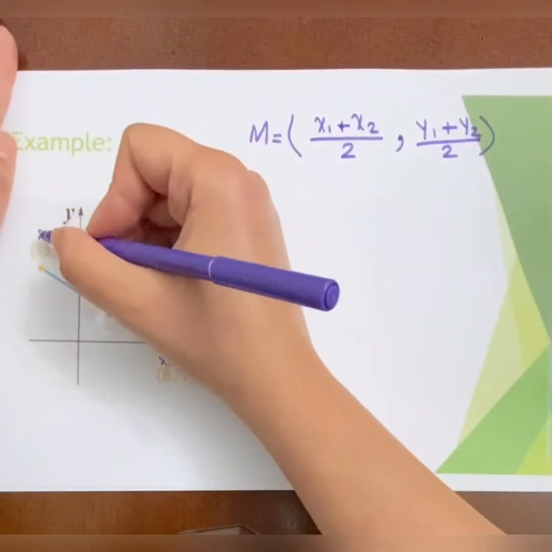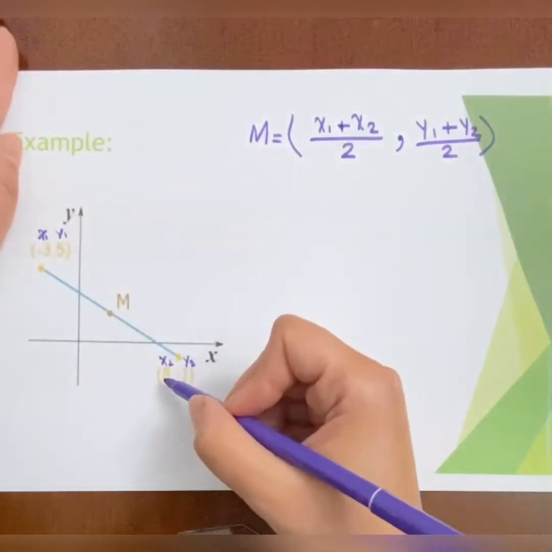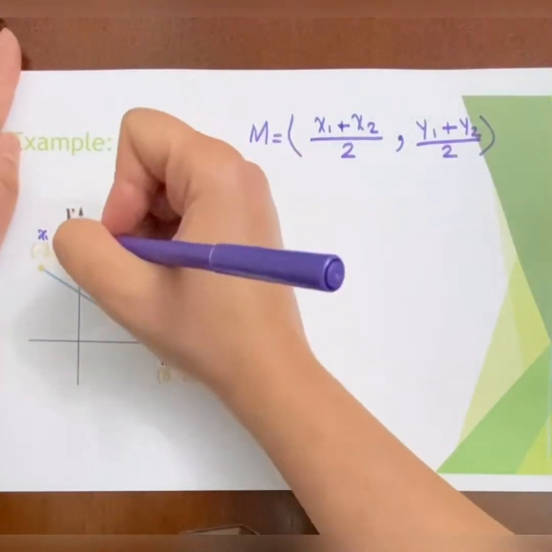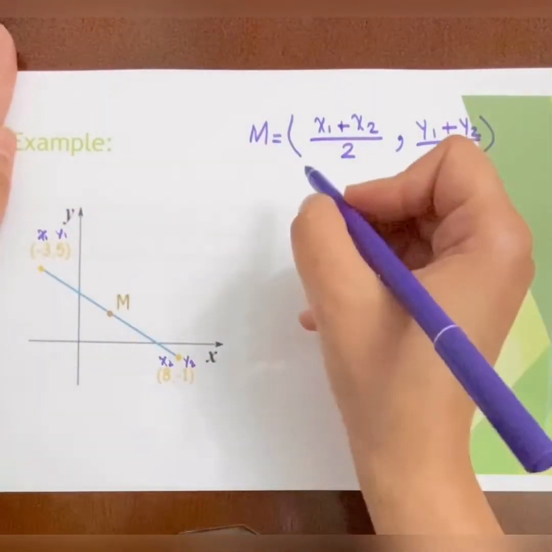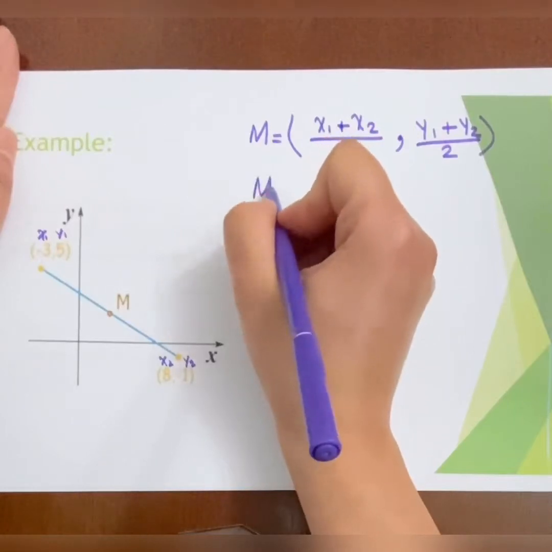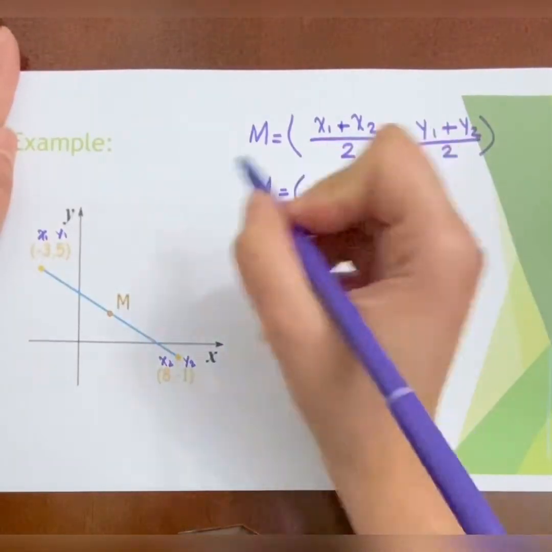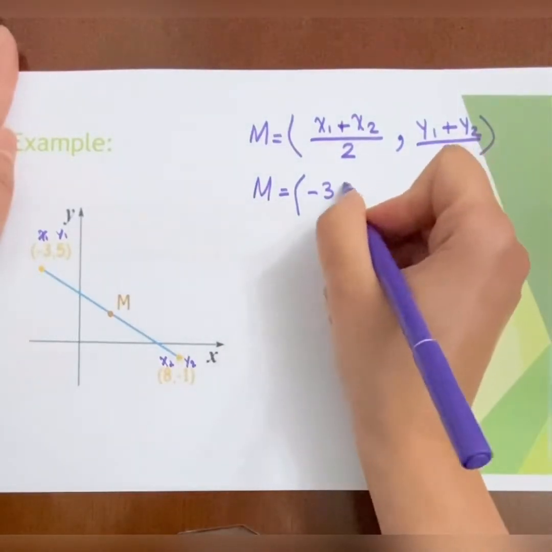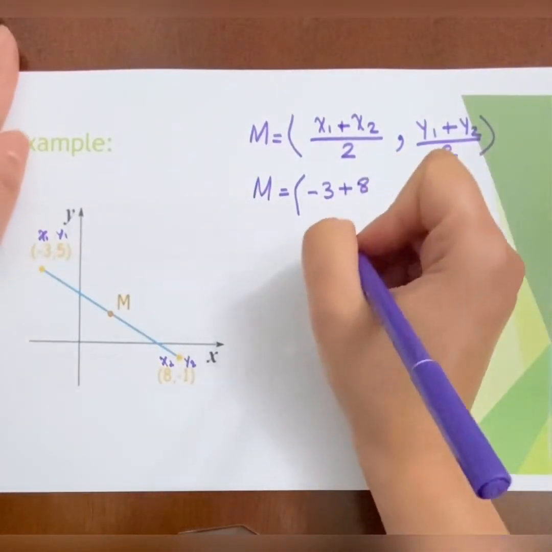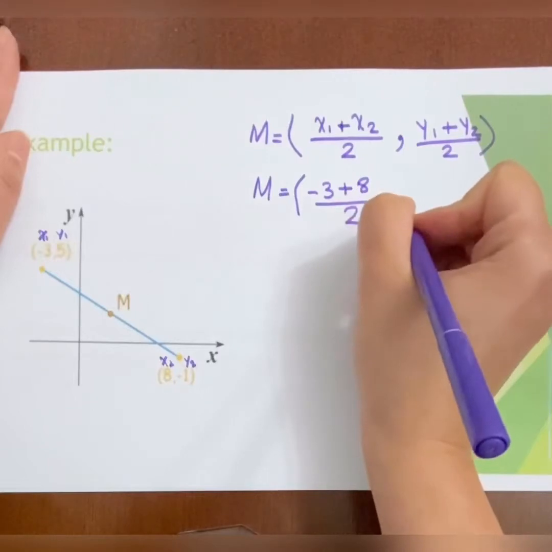You have to be careful. This is x1 and this is x2. This is y1 and this is y2. So in order to find M, I will start with x1, which is negative 3, and x2, which is 8. I have to add them, over 2.